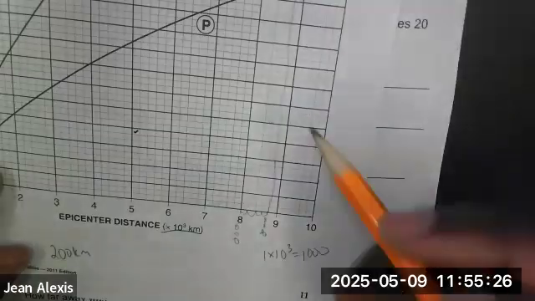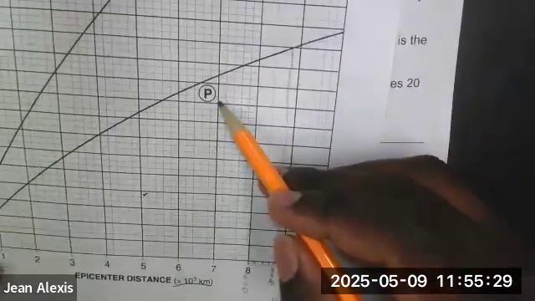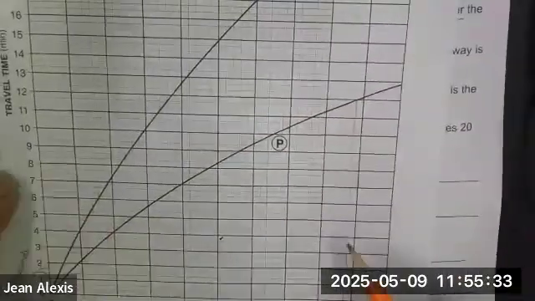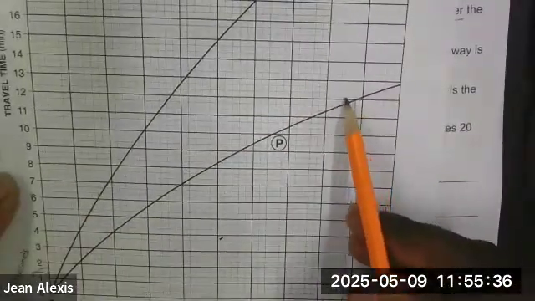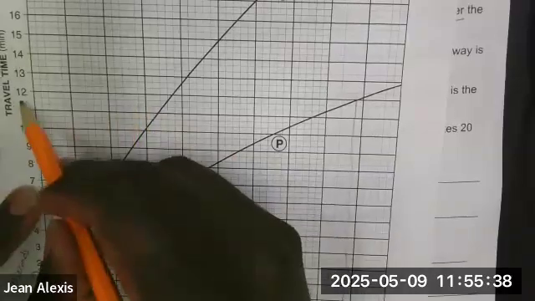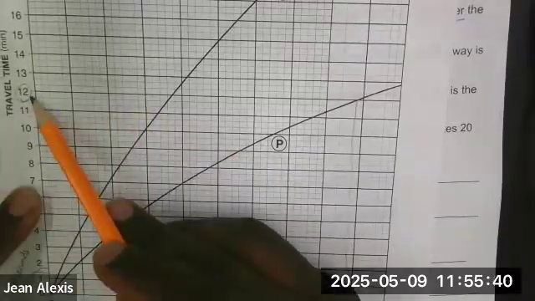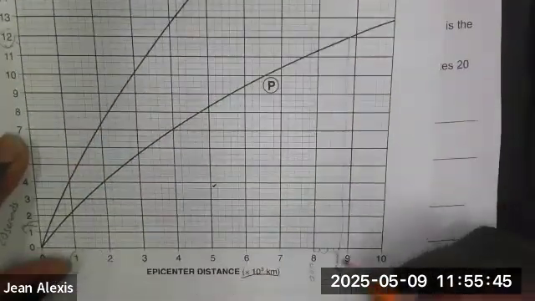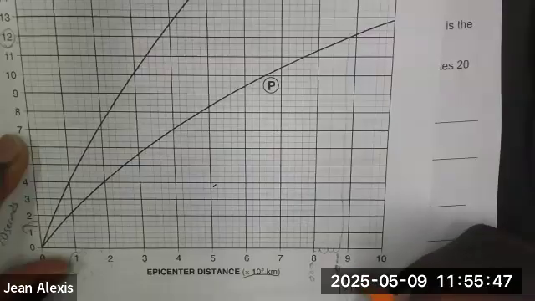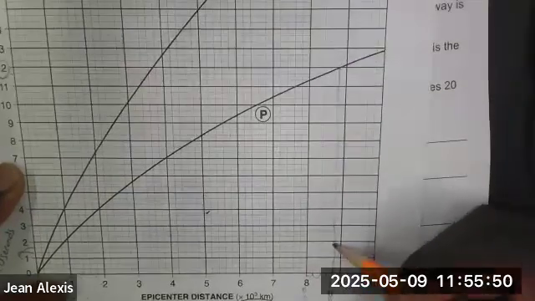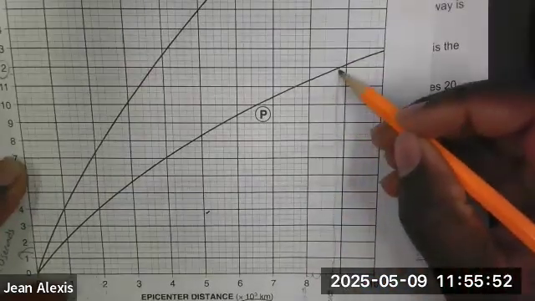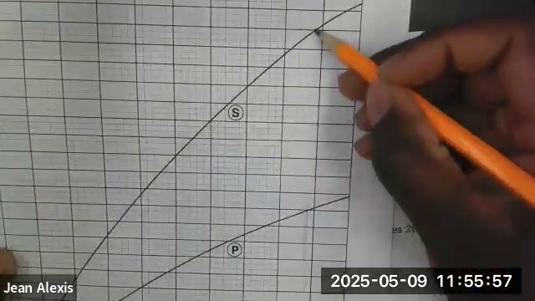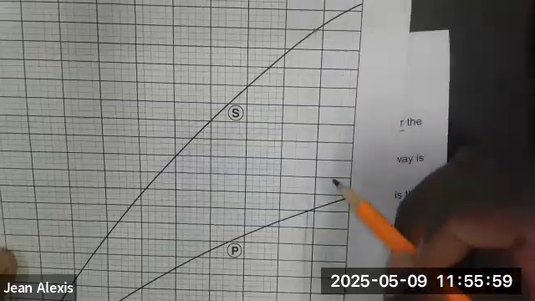For my P wave, I'll zoom up a little bit, the travel time ends up being 12 minutes. So keep that in mind. It was 12 minutes for my P wave to travel 8,800 kilometers. I follow the same line, and you'll notice that my travel time for my S wave ends right here.